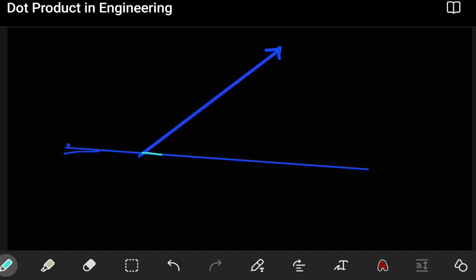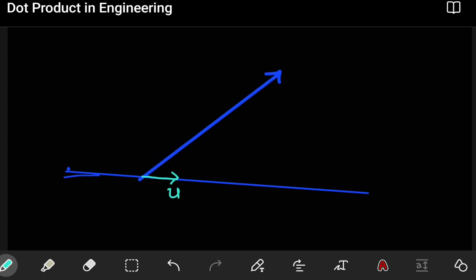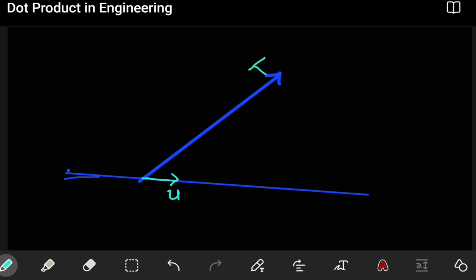Then you need the force itself, but the force has to be in Cartesian vector form, meaning you have its x, y and z components figured out.